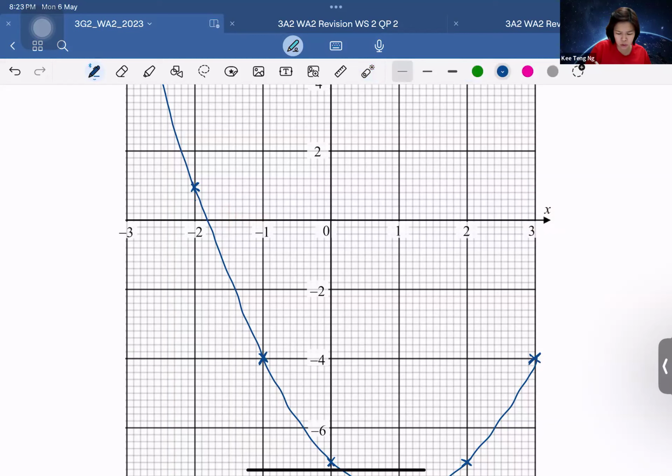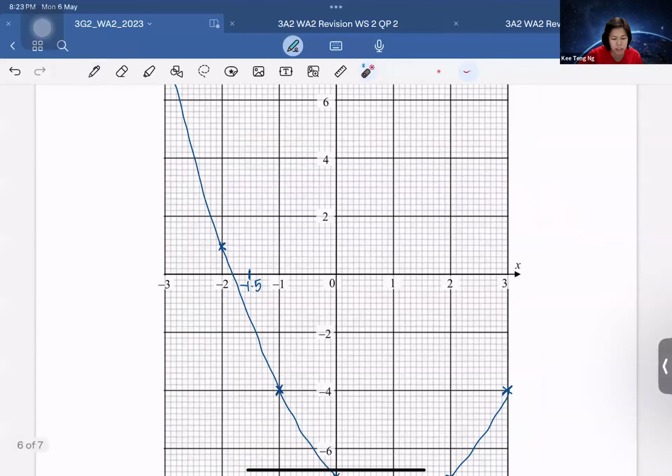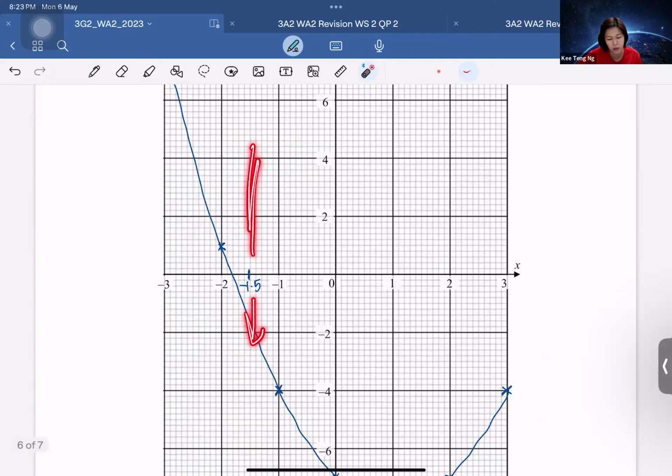So I have x equals negative 1.5. What do I do? Do I go up or go down to touch the graph? This one I must ask Feng Qing. Feng Qing, are you still there? Yes, go down.